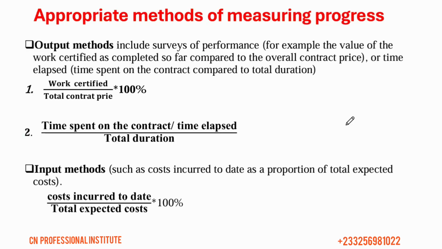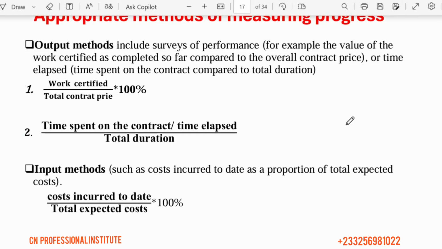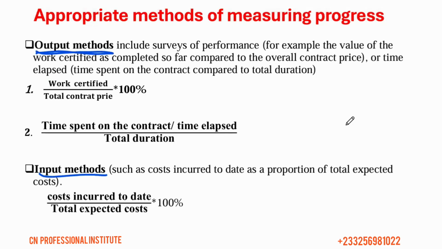We can measure progress in two ways. One is the output method, and the other is the input method. The output method involves surveys of performance, for example, the value of work certified as completed so far compared with the overall contract price, or time elapsed, time spent on the contract compared to total duration.